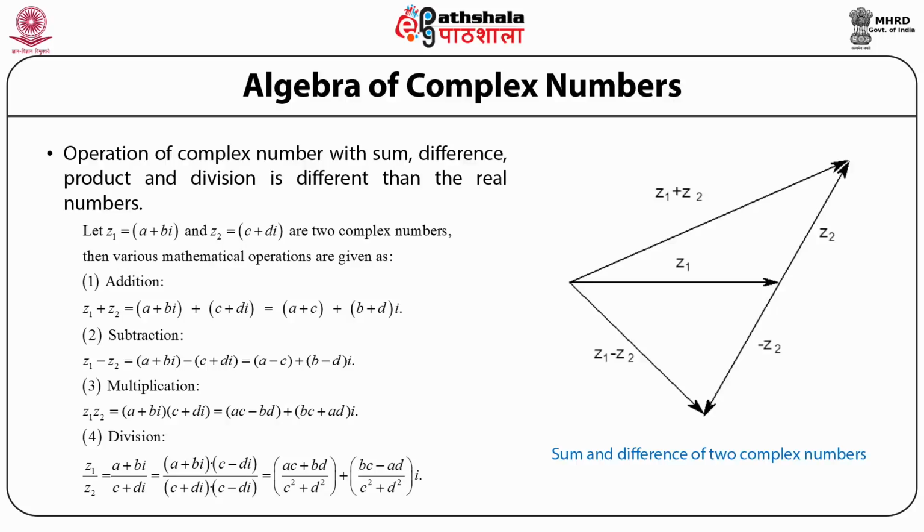So root of minus 1 times root of minus 1 becomes minus 1, and that when multiplied by B times D becomes minus BD, and that transforms into the real axis. So it is AC minus BD.